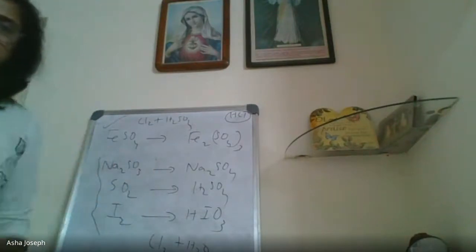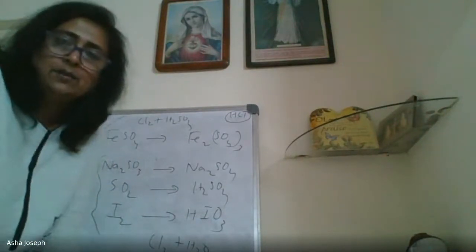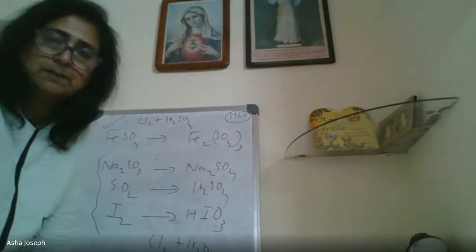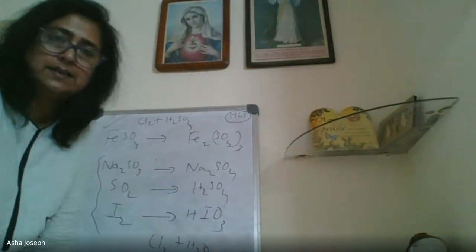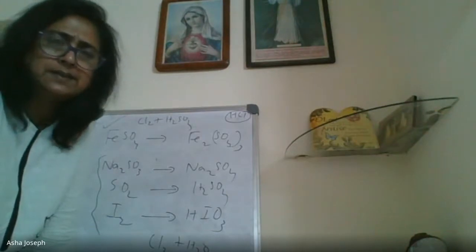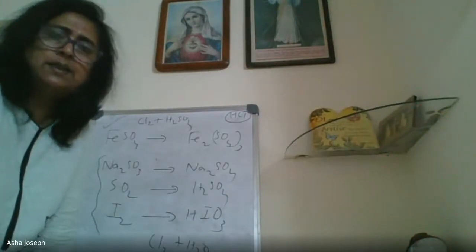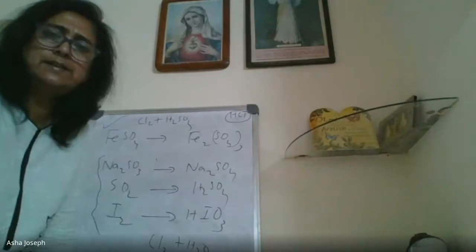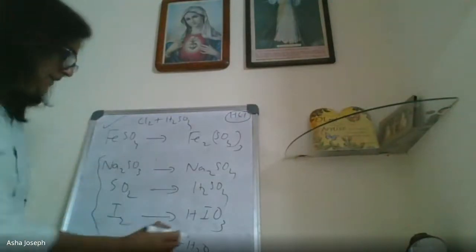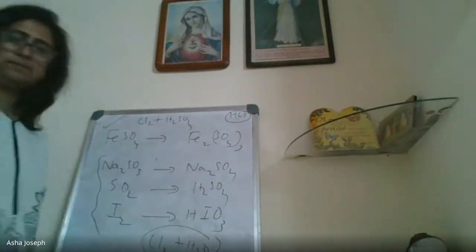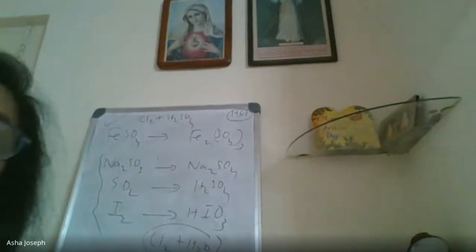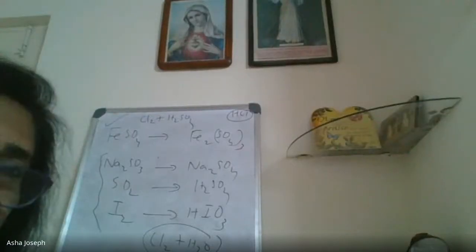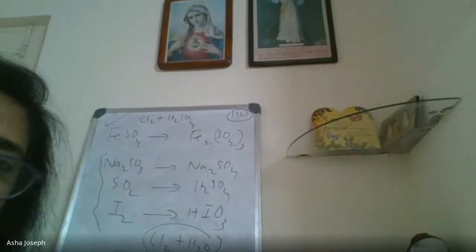So 4 examples only are there. And in all the 4 cases, the byproduct is HCl. In the first case alone, it is chlorine and sulfuric acid. In the 3 cases, it is chlorine water. This much you learn by heart, then we will start writing the equation. Say and learn, otherwise it is difficult to learn those equations.